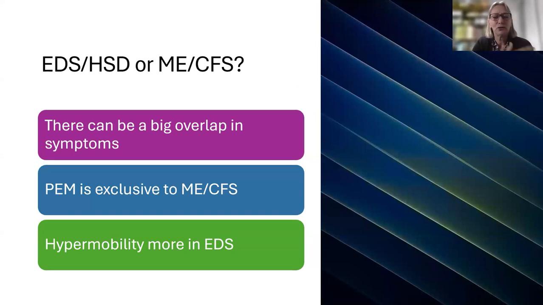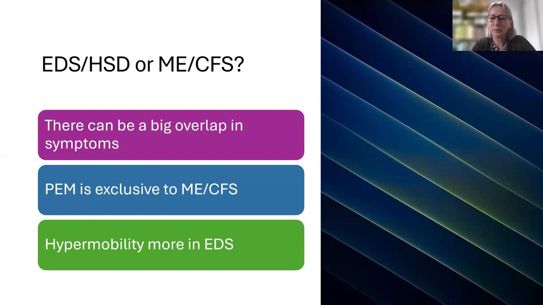Having talked a little bit about EDS, in particular hypermobile EDS, there can be a really big overlap in symptoms between things like EDS and ME, and I'm sure a lot of you were starting to see some of that: the profound fatigue, the orthostatic symptoms, the gut issues. There's often a real overlap, and it can make things quite murky and hard to know what's going on.